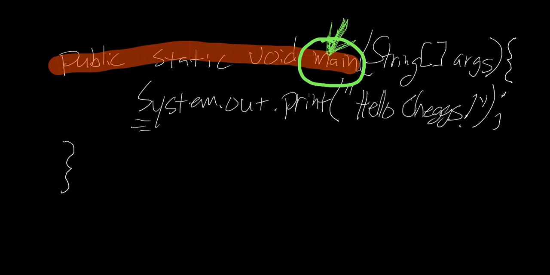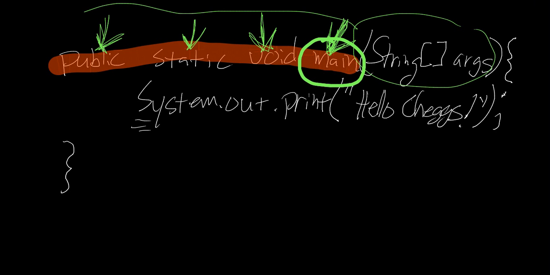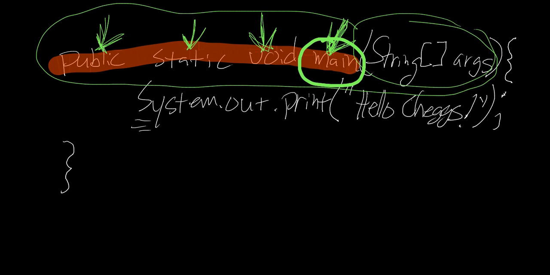Void means that at the end of the method, we're going to have nothing. Static means you only create one instance of it, and public means it can be accessed from anywhere it needs to be. This, in combination with all of this, is the method signature.